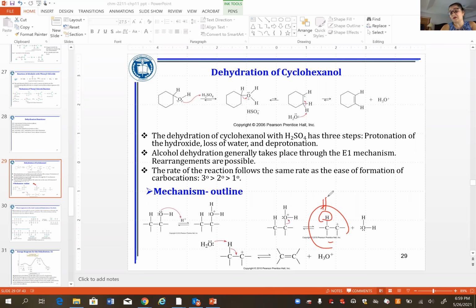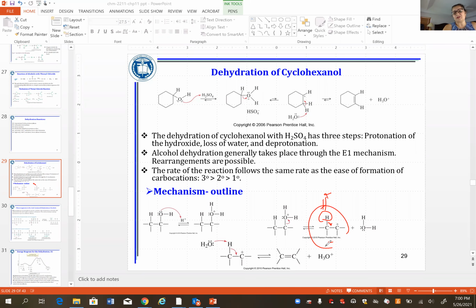So you are bringing your solvent, or you're bringing a base to remove the H plus, the electrons drop in and form a carbon-carbon double bond. In an elimination reaction, a tertiary is going to move faster than secondary, faster than the primary. Because if it goes through the E1 mechanism, you will get a more stable carbocation if it's tertiary.